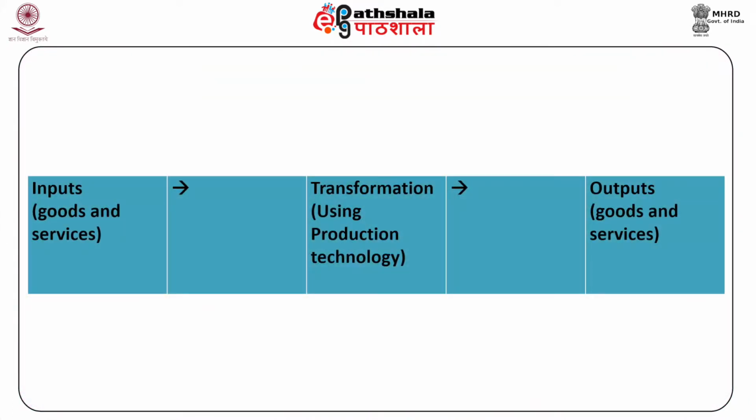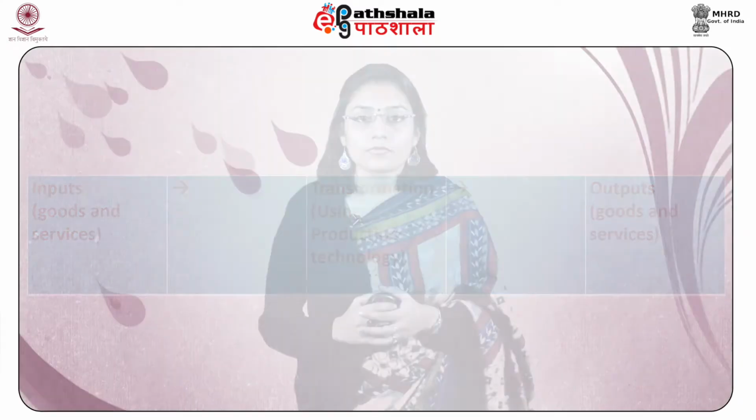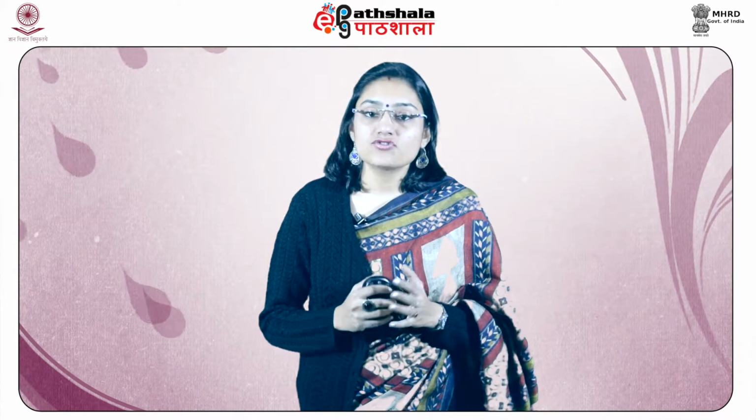Recall the production done by a producer can be defined as an activity which combines inputs or factors of production, that is goods and services, with the production technology to make other goods and services which are known as outputs. Production process: inputs get transformed into output. So, the production process is defined as a transformation of a set of inputs into a number of outputs.